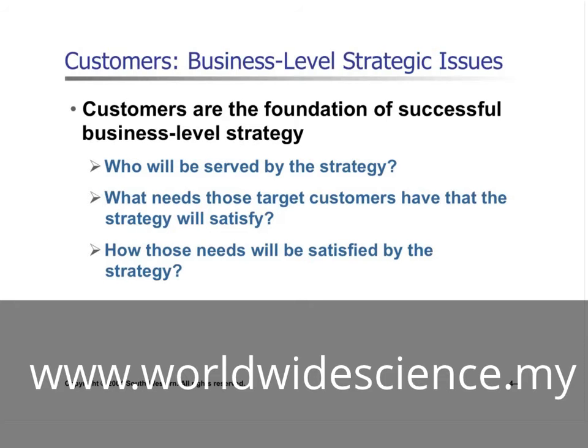So exactly, customer is the king. Customer is the king is mostly for customer service, but the answer to those questions, a lot of it would be answered with regard to the type of customers you're helping, and what needs those target customers have that the strategy will satisfy.